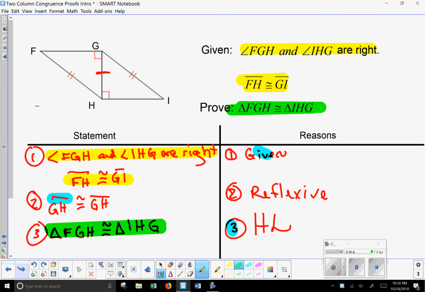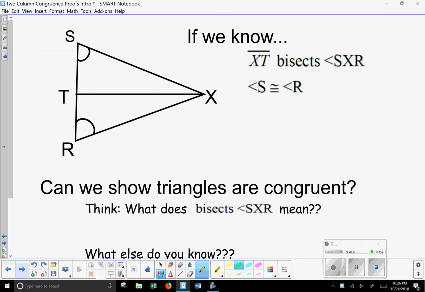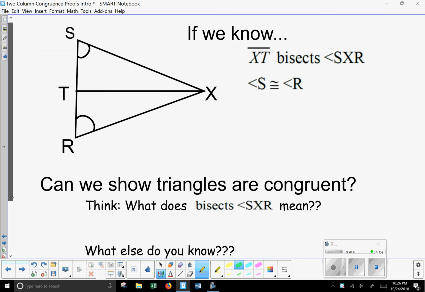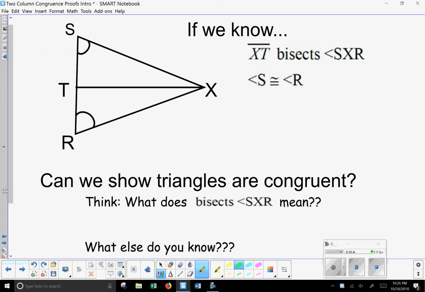Okay, let's look at another one. I think this may be the last one. If I take a look at this one, I notice that my information tells me that segment XT bisects angle SXR. What does it mean to bisect?